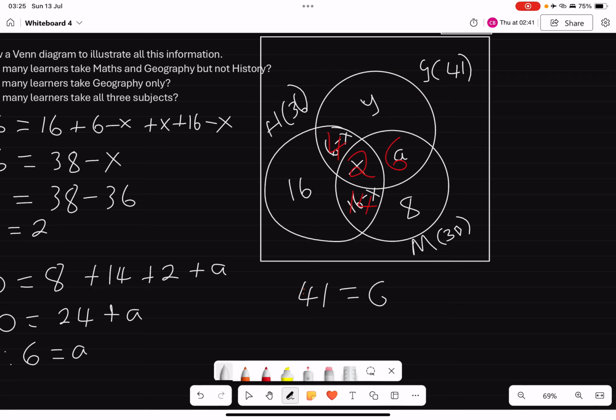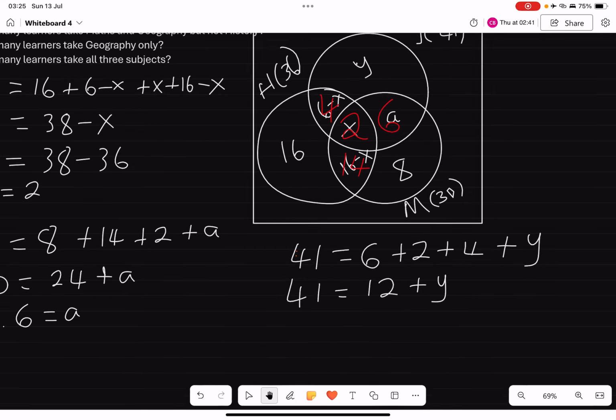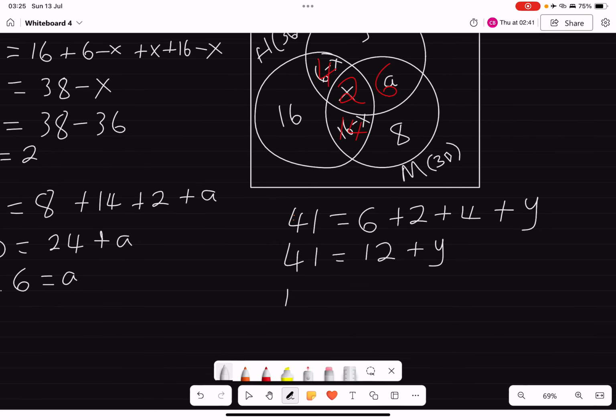So A is 6, plus 2, plus 4, plus Y. 41 equals 12 plus Y. Then 41 minus 12 equals Y, leading to Y being equal to 29.